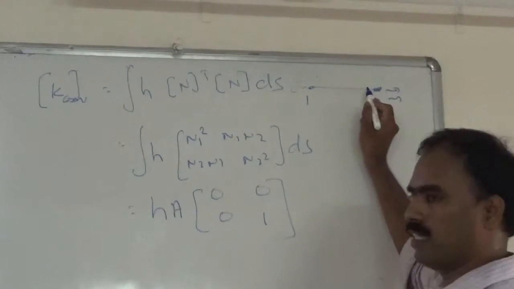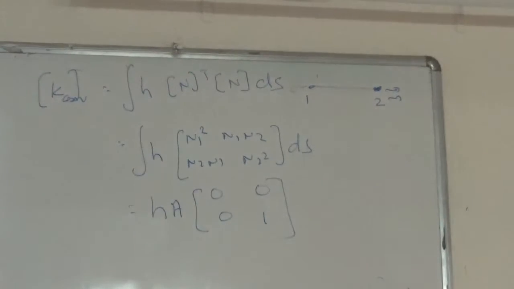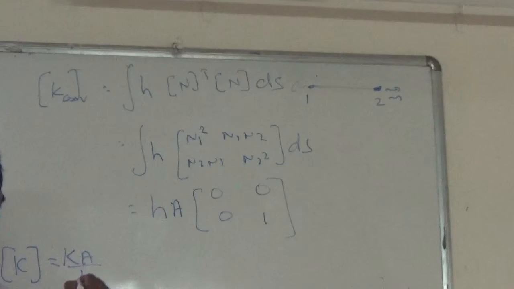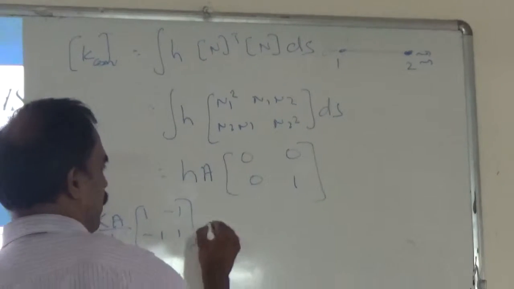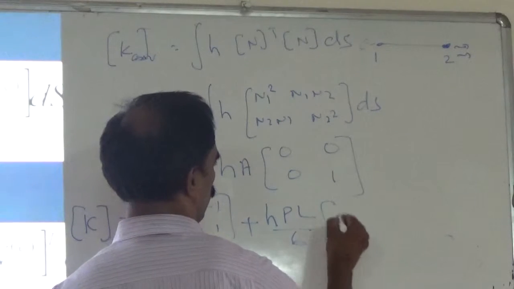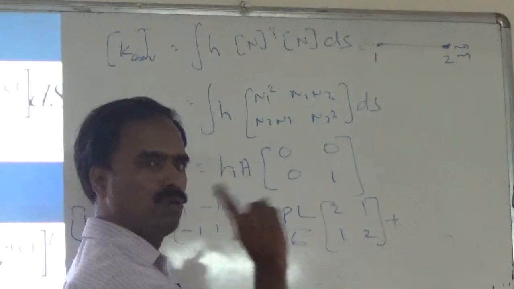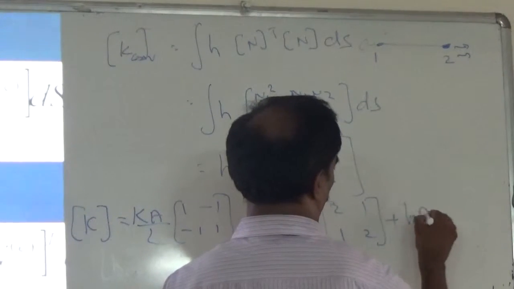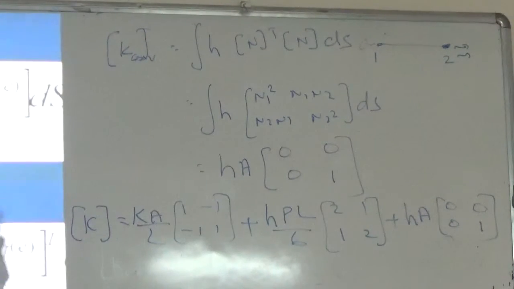Now the total K, the stiffness matrix, consists of the conduction term, K A by L, 1, minus 1, minus 1, 1, plus perimeter convection, H P L by 6, 2, 1, 1, 2, then end convection at node 2, H A, 0, 0, 0, 1. So this is my K matrix.